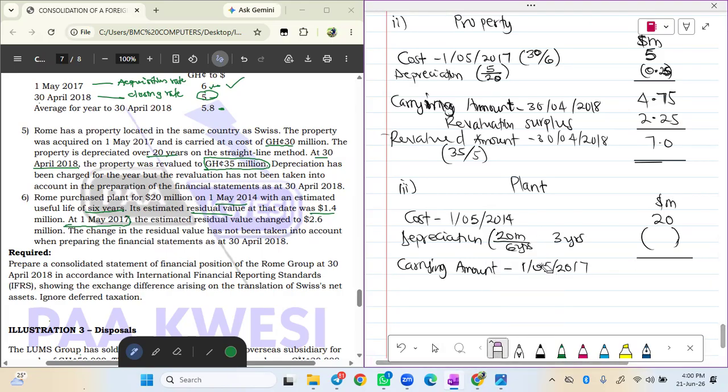It is having a residual value, and it's cost minus residual value over useful life. So 1.4. Don't forget the formula for depreciation. The ones that we've been doing always have residual value of 0. That's why we don't bring it. But if you have a residual value, deduct it from the cost before you divide by the estimated useful life. Okay. So what will be the depreciation now?